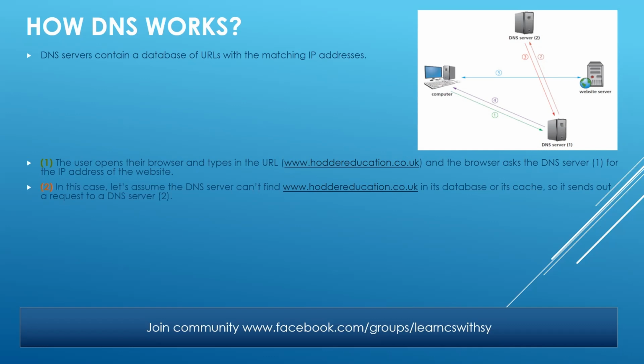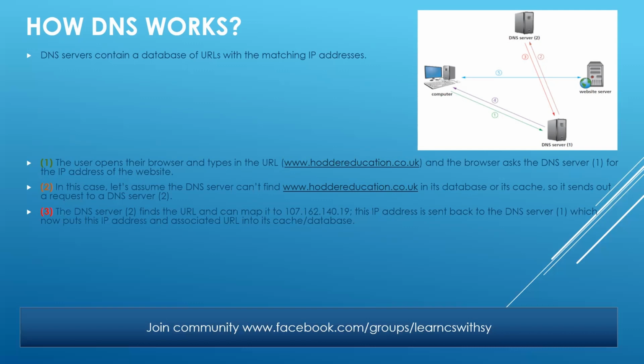In case DNS server 1 has the equivalent IP, it won't consult DNS server 2, but if it's not able to locate it in its database or its cache, then it will send another request to DNS server 2. Then DNS server 2 will find whether the IP is available. If yes, the IP will be sent back to DNS server 1, which will now put the IP address and the URL into its cache or its database. I think it's very simple.